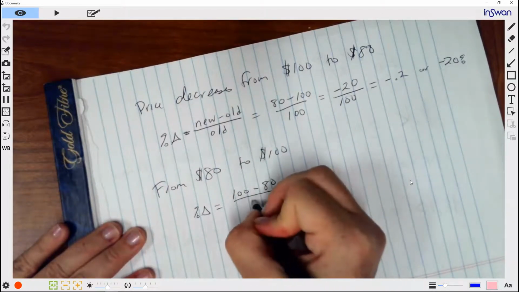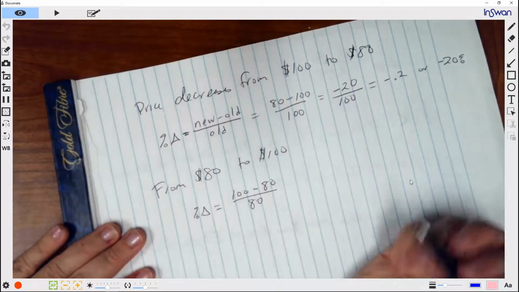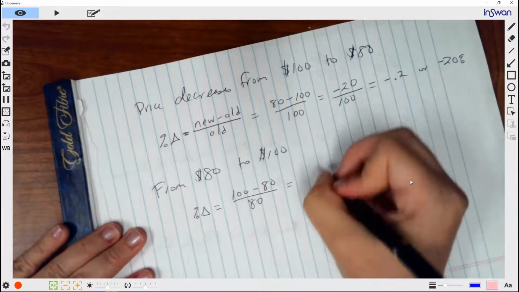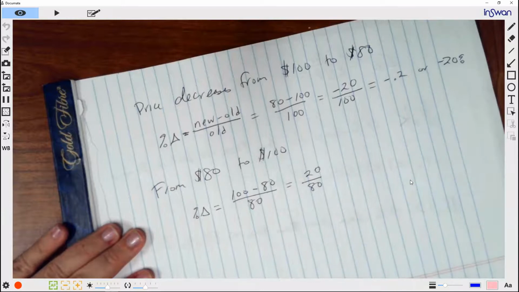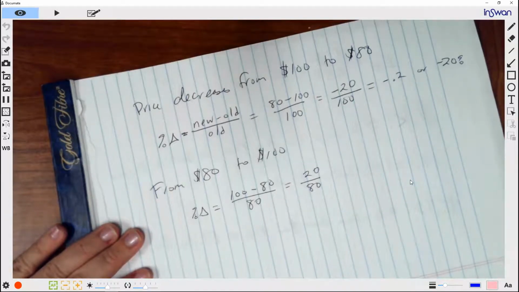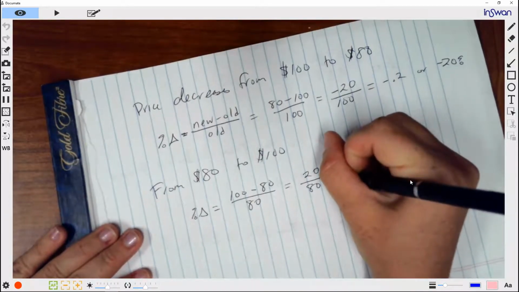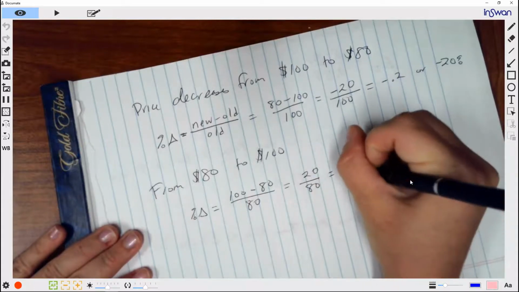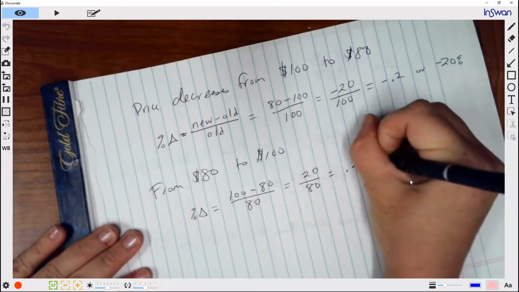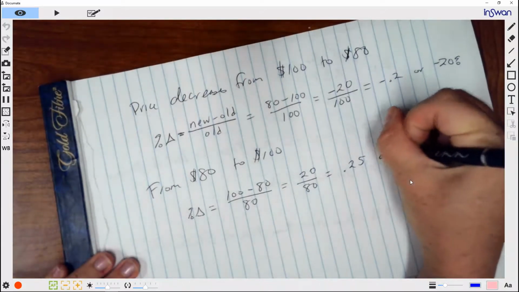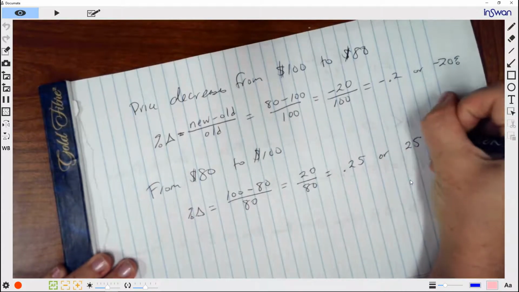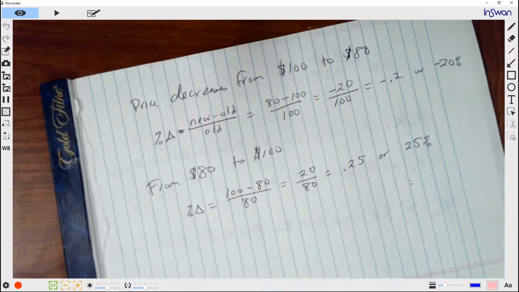And divided by our old number. Now we have 20 divided by 80, which is 0.25. Your calculator could help you with that if you need it. Or in other words, a 25% change.